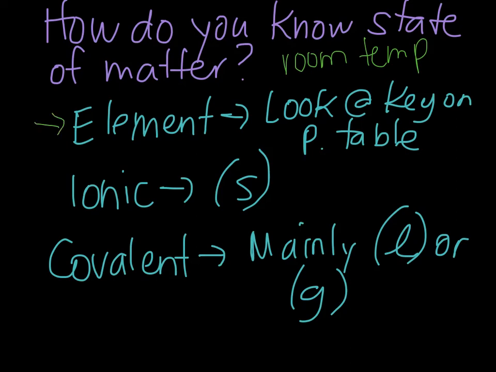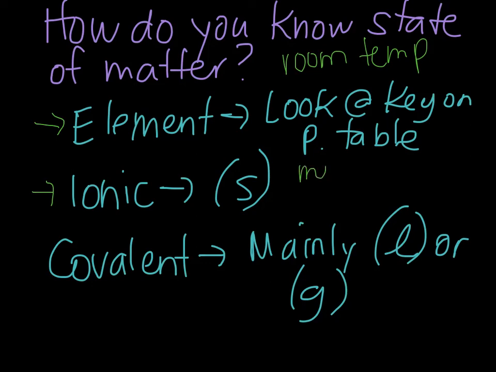An element at room temperature, all you have to do is look at the key on the periodic table. They're color-coded based on what state of matter they're in. Most elements are solids. Just a few are liquids and gases at room temperature, so we'll look at that in class tomorrow. If it's an ionic compound, then it's going to mainly be a solid. 99% of them are solids.